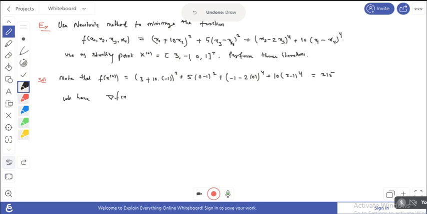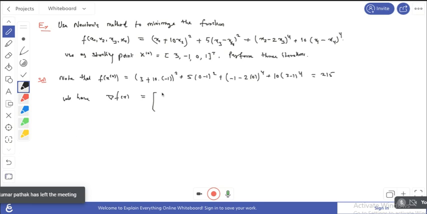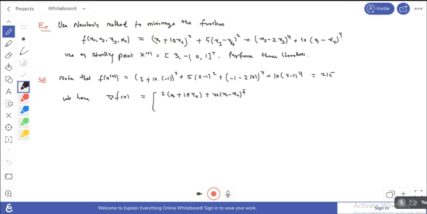First we calculate the general formula. If we differentiate with respect to x1, the gradient component is x1 plus 10 times x2, plus 40 times (x1 minus x4) to the power 3. If we differentiate with respect to x2, this becomes 20 x1 plus 10 x2, plus 4 times (x2 minus 2 x3) cubed.